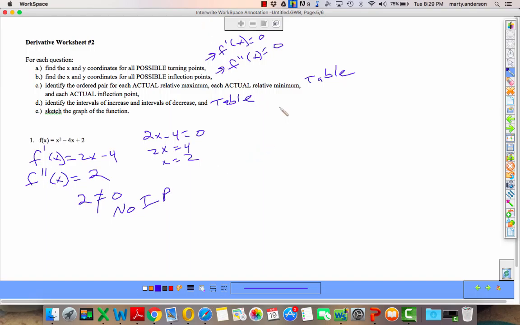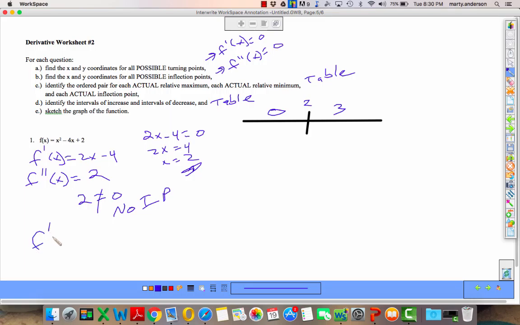Then we need to make a table. I've got 2 is all I've got. To the left of my 2, I'm using 0, and to the right I have 3. I always use 0 because we're talking slopes now.